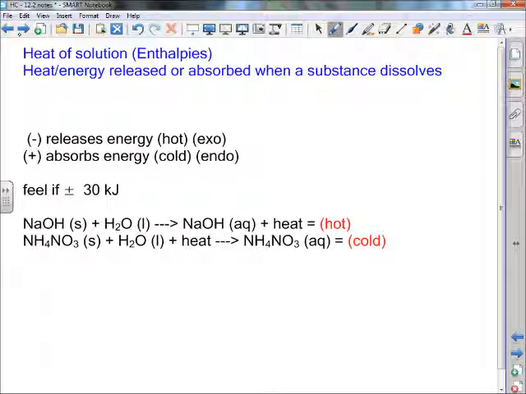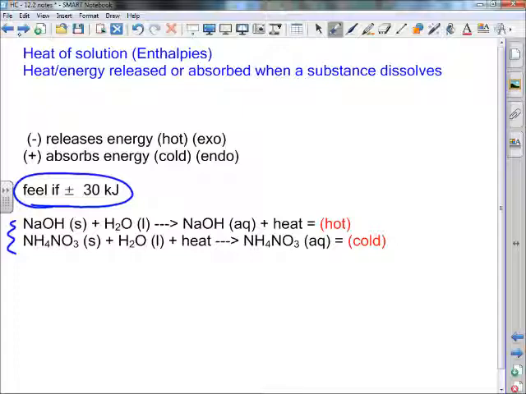Here's the key. How can we feel hot or cold? If you look on that chart, it's got to be plus or minus 30 kilojoules. So when you're looking on page 416, if any number is inside of that range, we probably can't feel it. The two easiest examples to look at are sodium hydroxide, when we dissolve that in water, and ammonium nitrate. Sodium hydroxide, when it dissolves, gets very hot, okay, very exothermic.